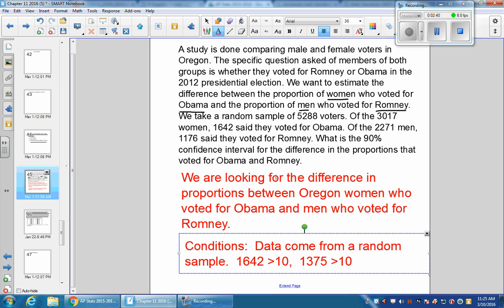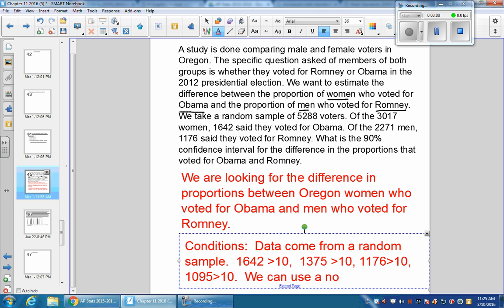The other sample had 1,176, which is far greater than 10. And then 2,271 minus that is 1,095. That's greater than 10. Since all those are high, we can use a normal distribution.